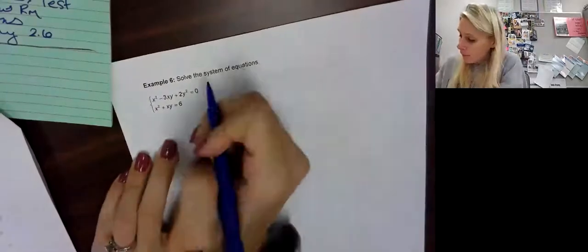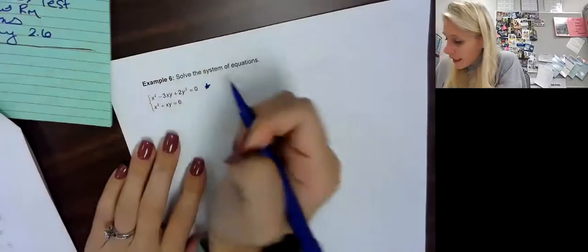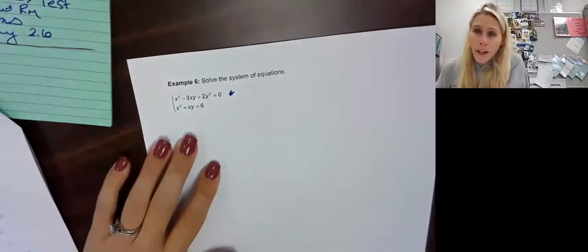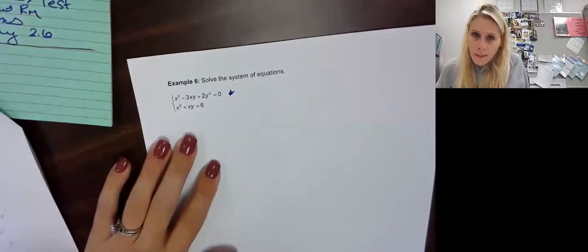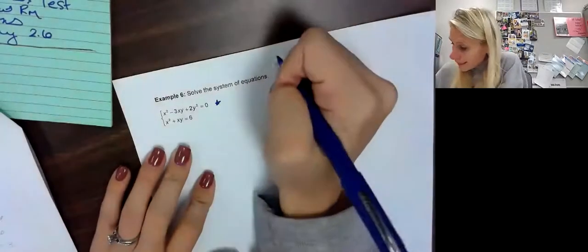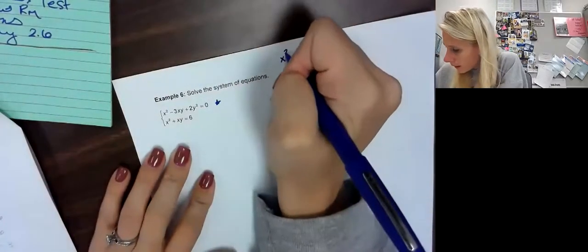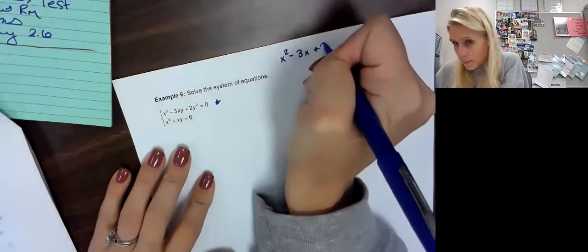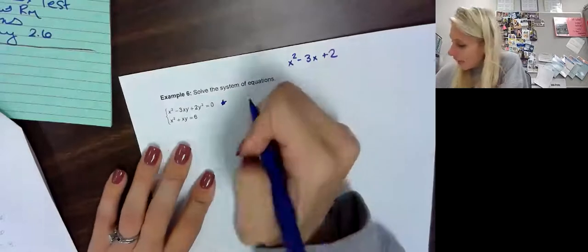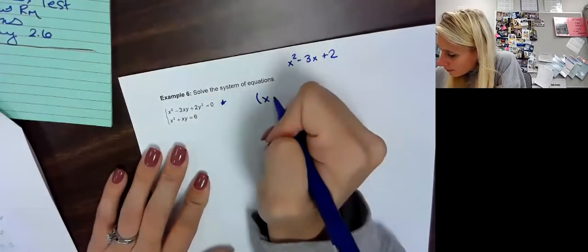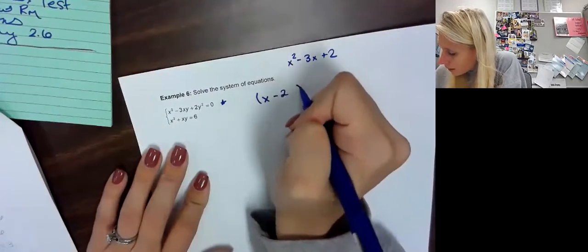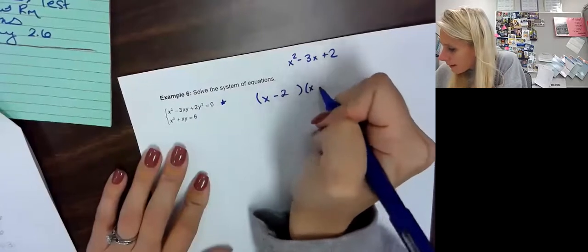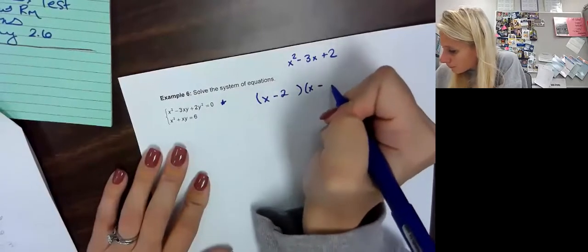Here's the tricky part. If you look at this top, you are able to factor that. Okay, so let's say, pretend it was x squared minus 3x plus 2. You guys can factor that, right? That would be x minus 2 times x minus 1.